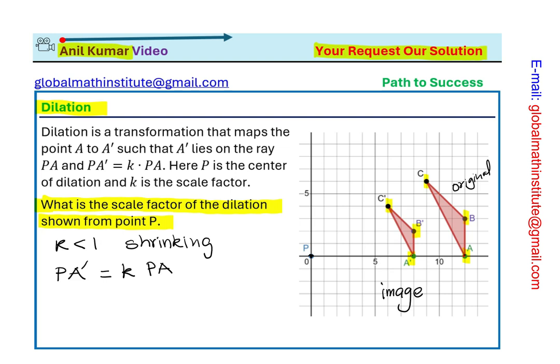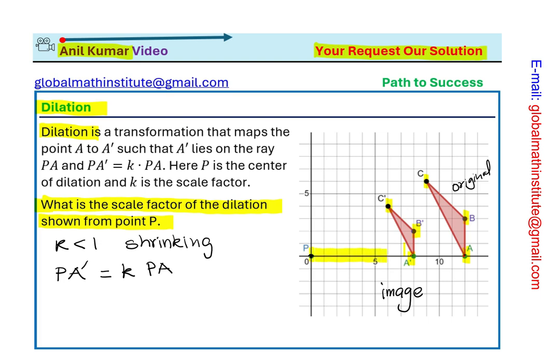Now, once I've shown you what the relation is, let us get into the formal definition of dilation, which is a bit confusing. Dilation is a transformation that maps the point A to A prime, such that A prime lies on the ray PA, and PA prime is k, the scale factor, times PA.